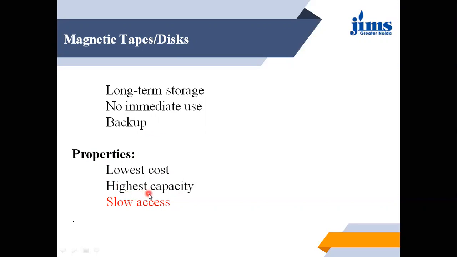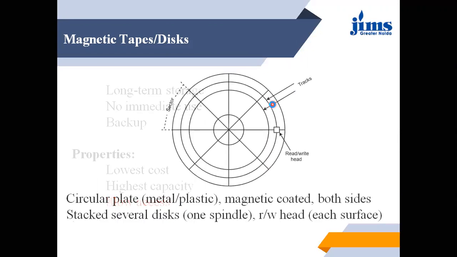The disadvantage of magnetic tapes is that it has slow access, means data can be read or written at a slow speed from the memory, from the secondary memory.